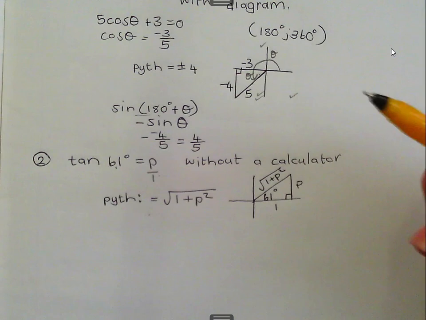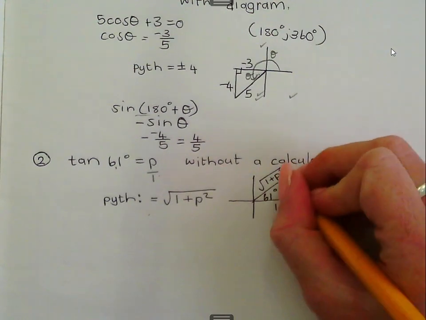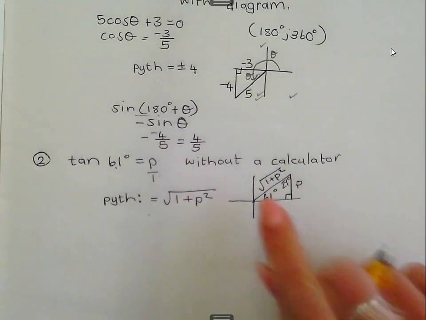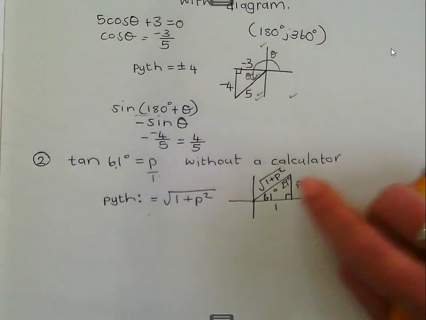The only thing that you must always remember is when you draw that triangle and the one angle is 61, the other angle is 90, then the third angle will always be the complementary angle to the one given. So I can't just ask you about 61. I can ask you about 29, the angle of 29, because you have that triangle.